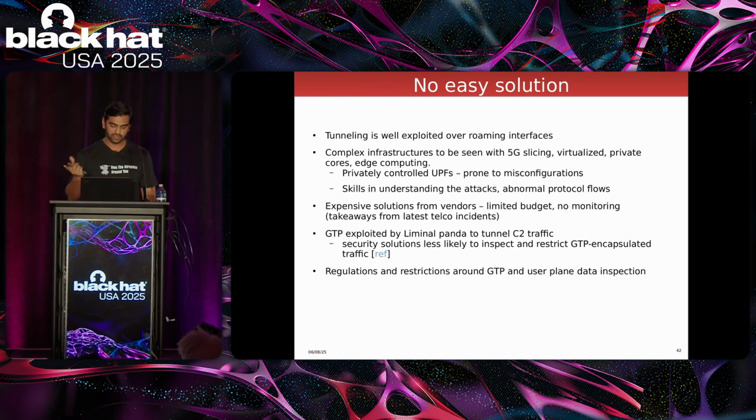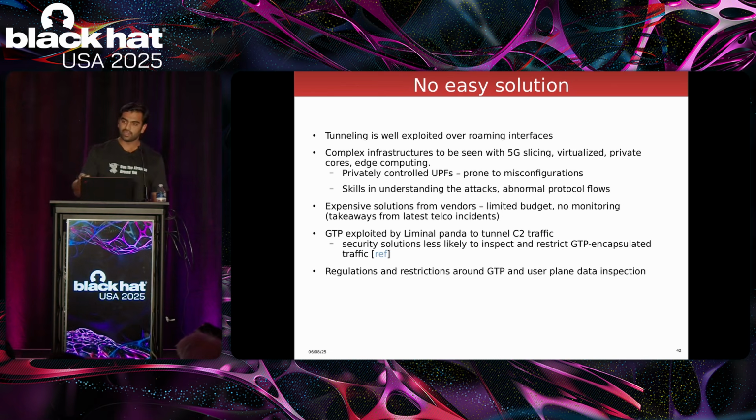There's no easy solution, for sure, because tunneling is already well exploited over the roaming interfaces. On the SS7 or GRX interfaces, encapsulated packets are always received, and maybe there is a prevention mechanism on that side. But we also have to think about the RAN side, the radio side, where anyone with a handset and a SIM card can also inject these packets into the core.